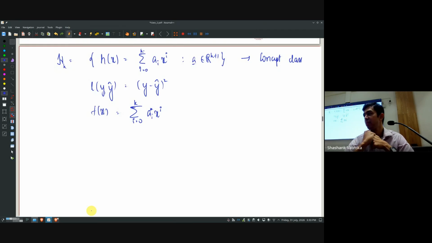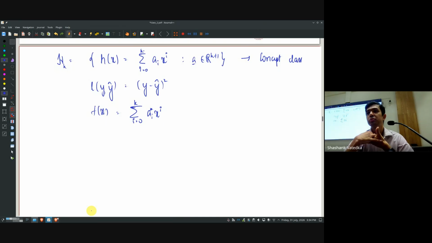Now, using this, can you tell me if you can recover f from these labeled pairs? Yes, as long as you have k plus 1 distinct samples, you can directly find all the coefficients of the polynomial. Evaluating the polynomial at k plus 1 distinct points is enough to recover all of the k plus 1 coefficients.